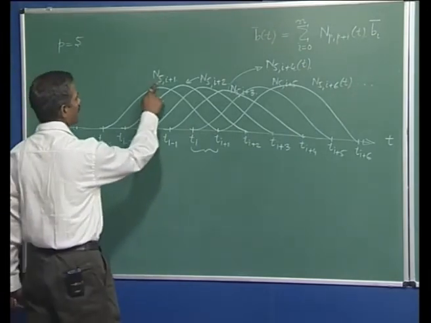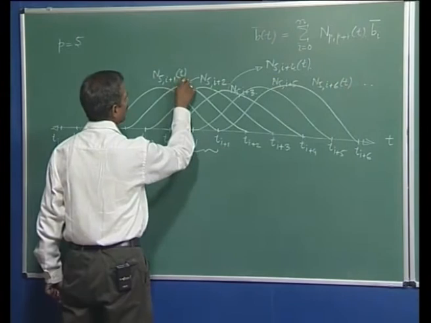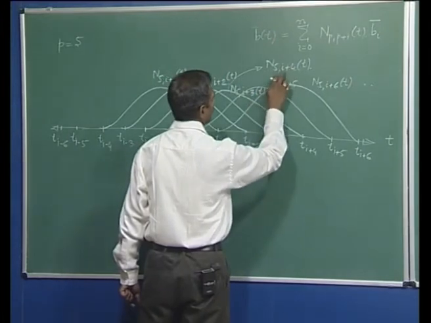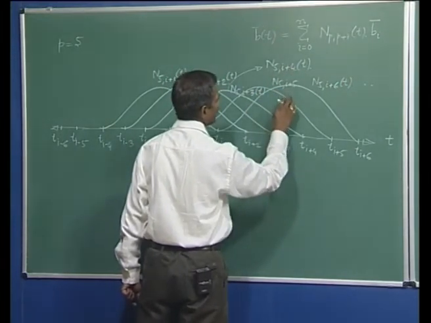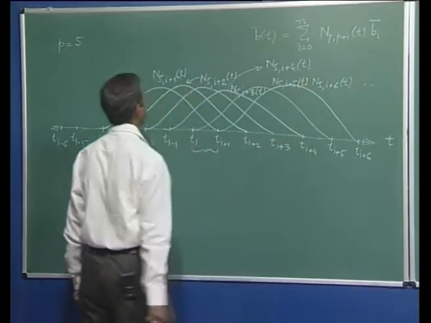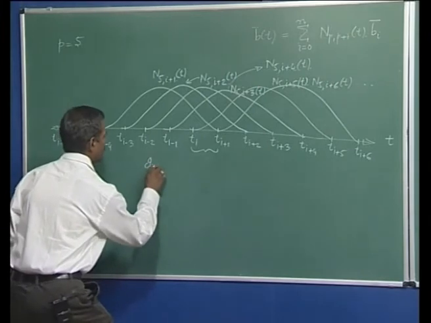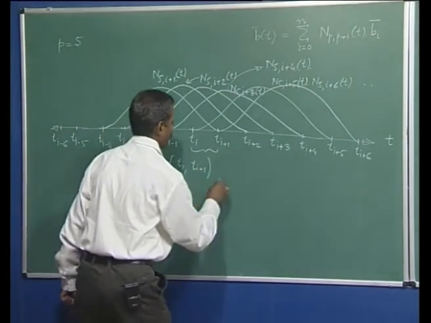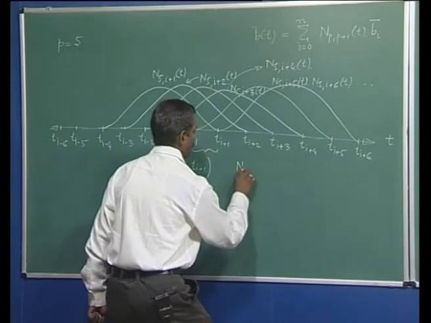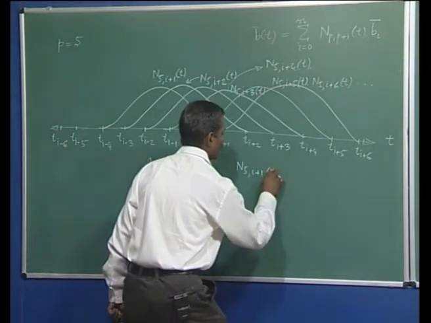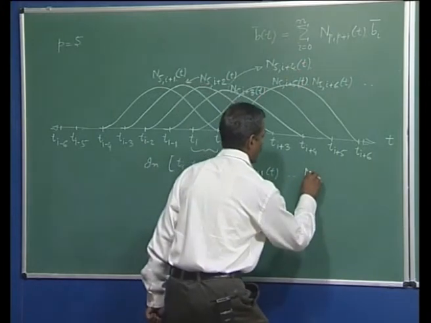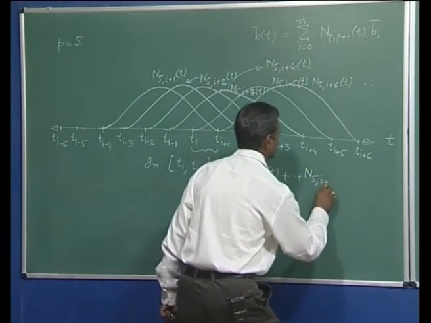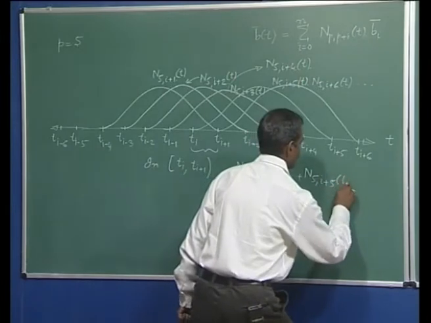Further, N_{5,i+1} of t through N_{5,i+5} of t will sum to 1.